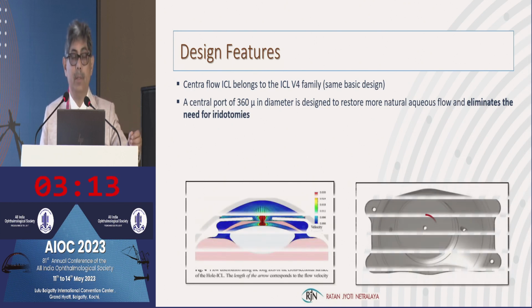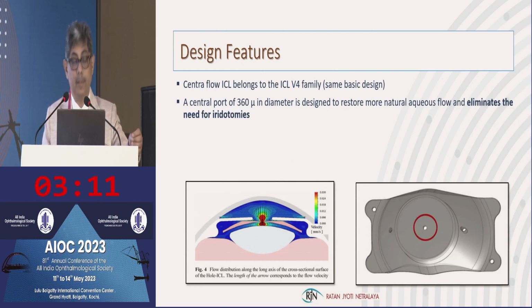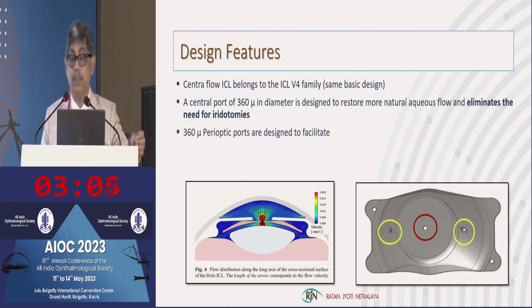But now, because of this 360 micron central opening and a tube opening on the side, which act for redundancy, it equilibrates the aqueous fluid balance in front and behind the lens, and that's why the nutrition of our crystalline lens is not hampered, and the quality and clarity of the lens is maintained.